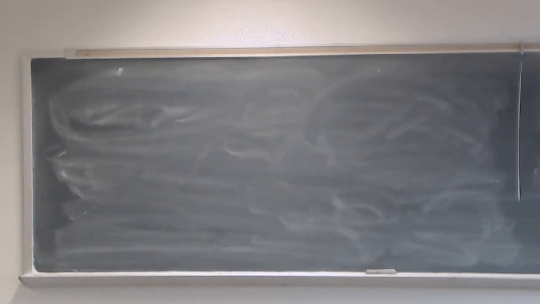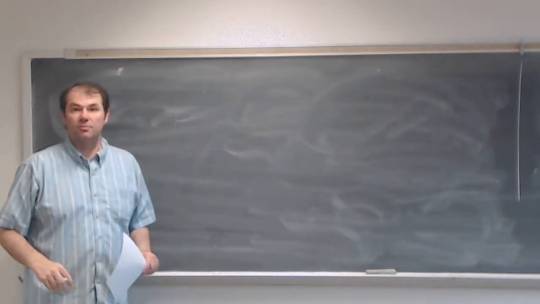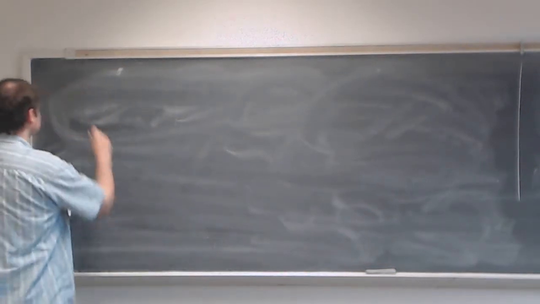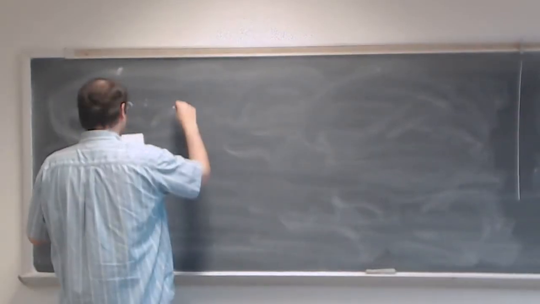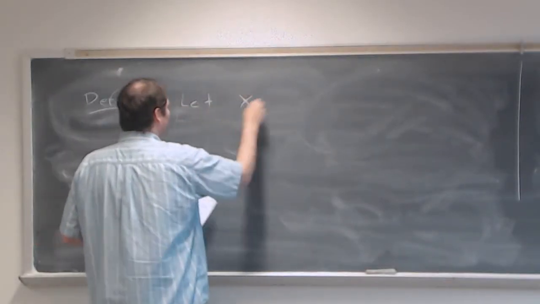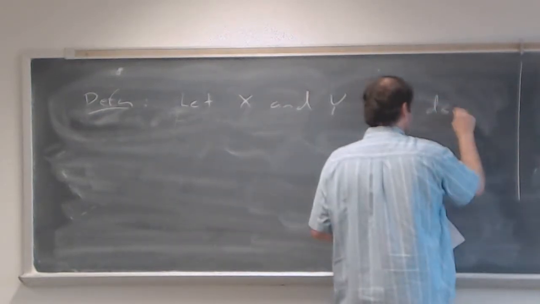Okay, here's a definition that involves the conditional probability mass function. We're going to let x and y be discrete random variables.